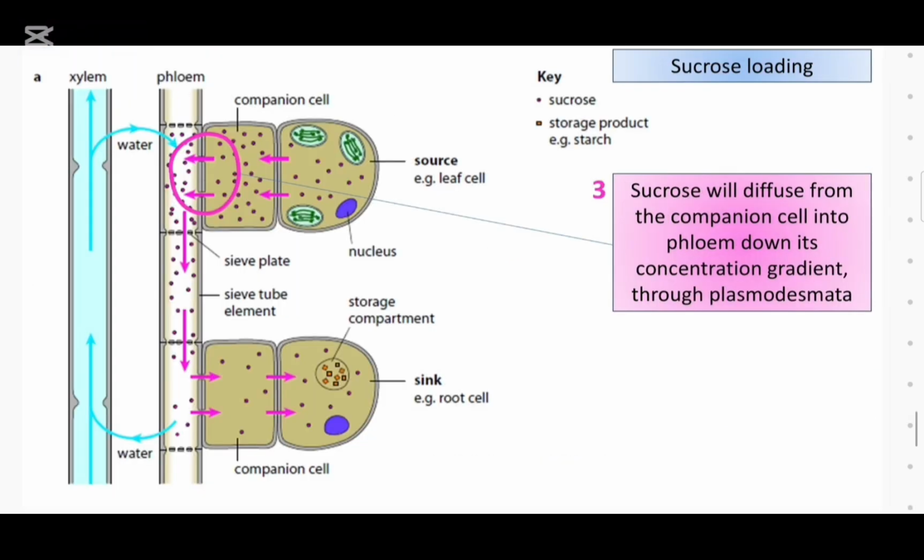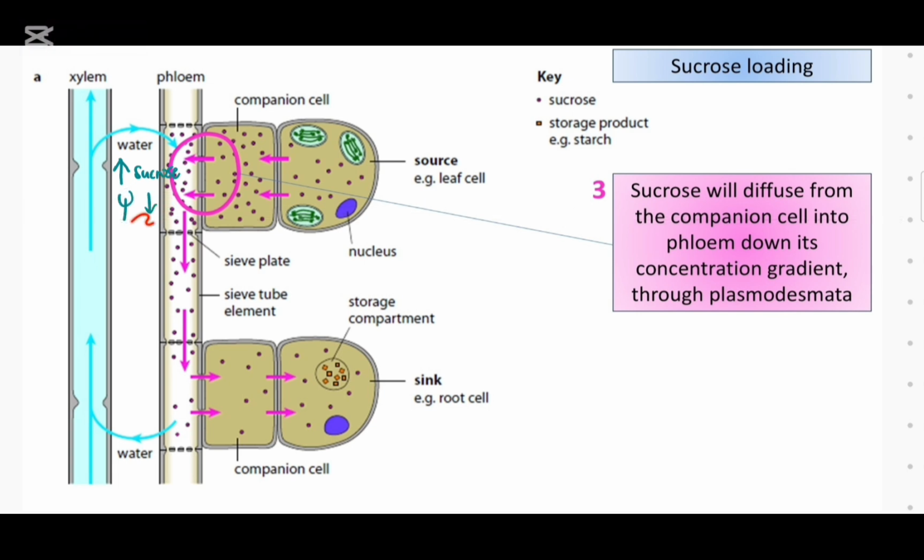If we use this diagram, we're increasing the concentration of sucrose in this sieve tube element. Remember, sucrose is a solute, right? Higher solute concentration causes the water potential in the sieve tube element to decrease.